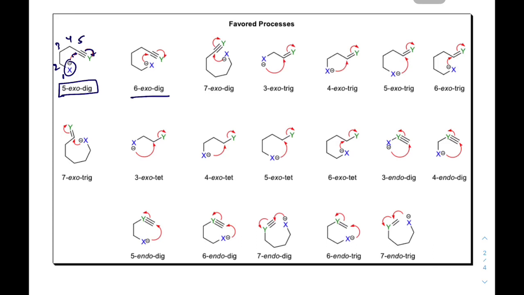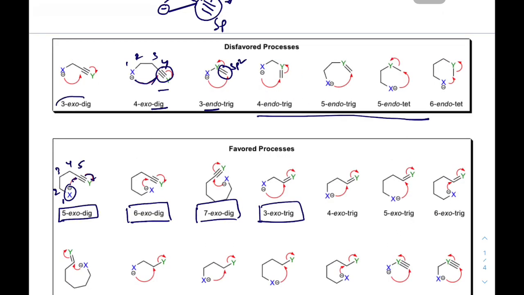Similarly, 6 exo dig and 7 exo dig are also favorable. In any reaction, if the conditions are like 7 exo dig or 3 exo trig, those are favorable. But if any reaction in our course follows this type of condition, those reactions will not take place or will be very slow.